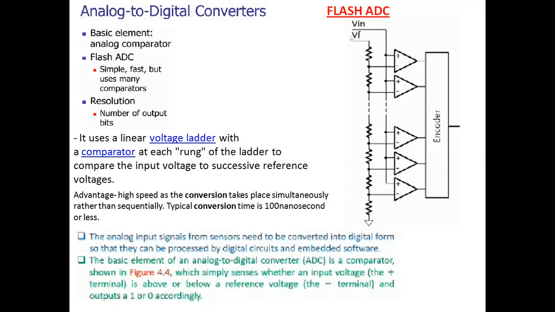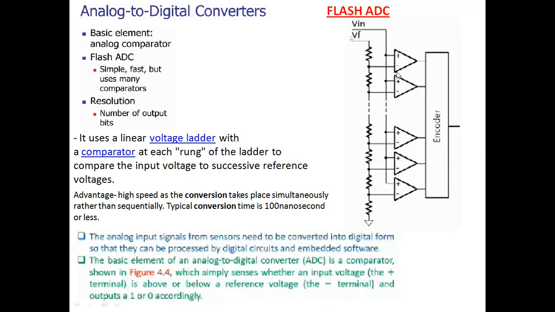So some comparators may give output as 0, and a few comparators may give output equal to 1. The lower comparators are the LSBs and the upper comparators are the most significant bits.